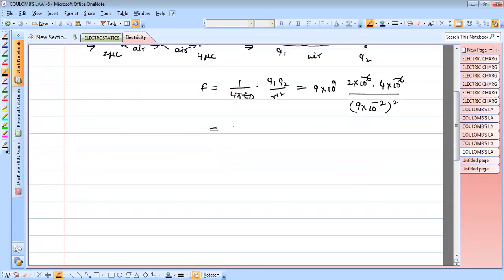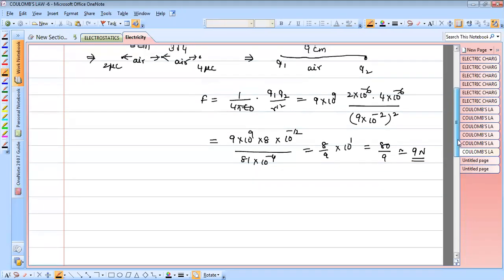Now this becomes 9 into 10 power 9 into 8, 10 power minus 12, by 81 into 10 power minus 4. 9 9s are 81. That is 8 by 9 into 10 power plus 1, that is 80 by 9. So approximately 9 newtons. This is the answer.